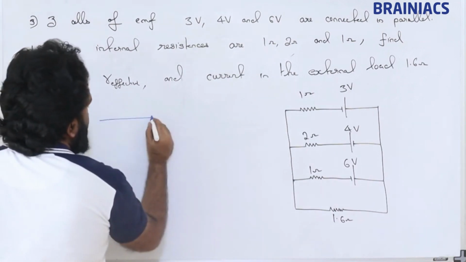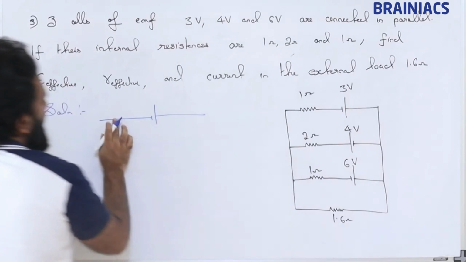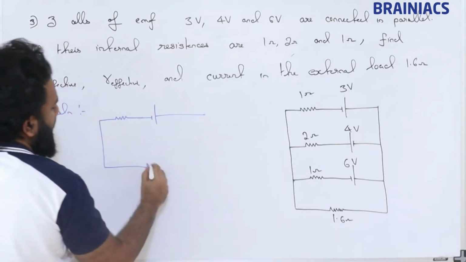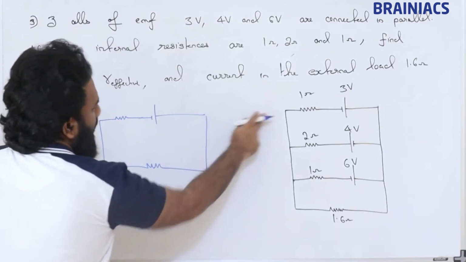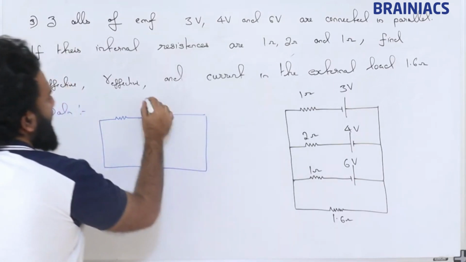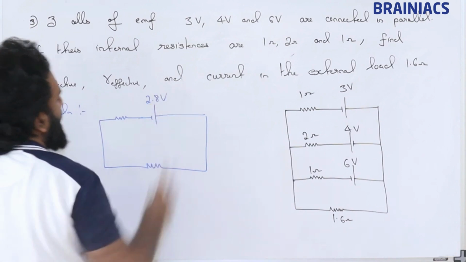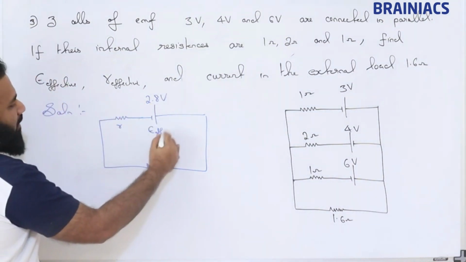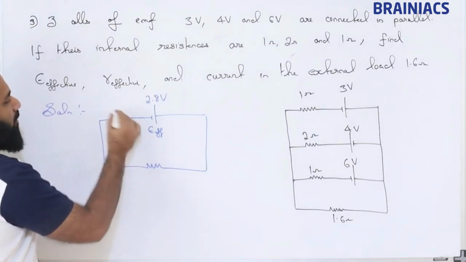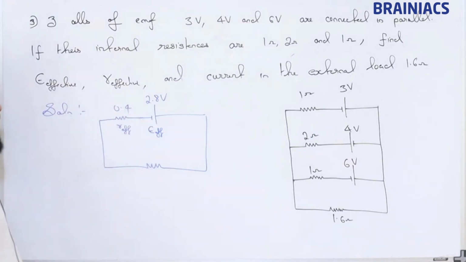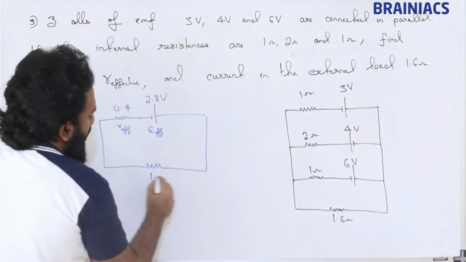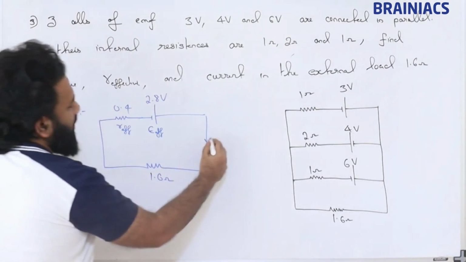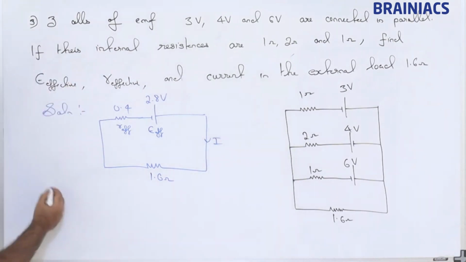So if we draw the equivalent circuit, all these three put together, we put 2.8 volt as E effective, R effective we got as 0.4, and this is going to be 1.6 ohm. What they are asking is the current in the external load.